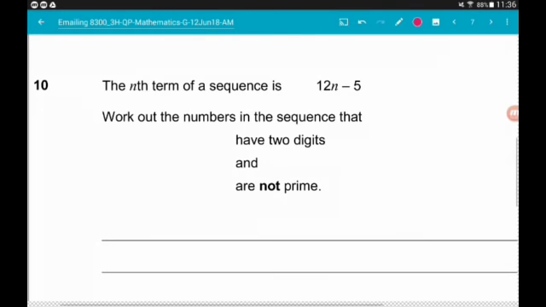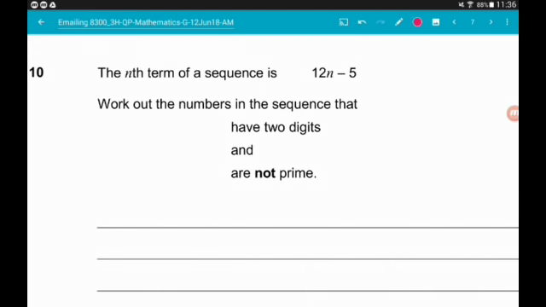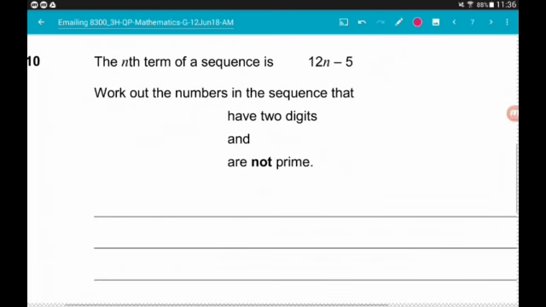Okay, question 10 says the nth term of a sequence is 12n minus 5. We want to work out the numbers in the sequence that have 2 digits and are not prime. So I'm just going to work out what the first term of the sequence is.